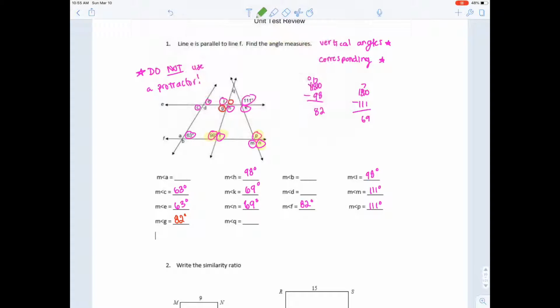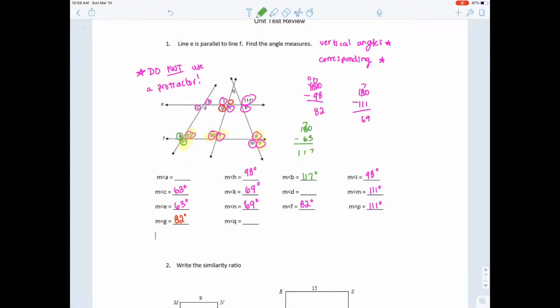I'm going to switch to another color here. Let's find angle B. I have a linear pair here between 63 degrees and angle B. So I'm going to subtract 63 degrees from 180. So that's 7, that's 1, and that's 1. So angle B is 117 degrees.